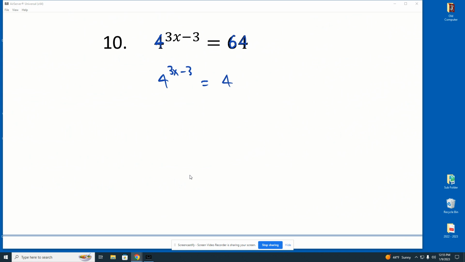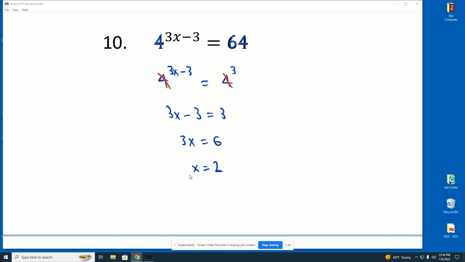To the third, 4 cubed. Okay, so very simple. These are going to cancel, drop the bases, and then you can simply solve 3x minus 3 equals 3. Now what? Add 3, 6, divide by 3, x equals 2.